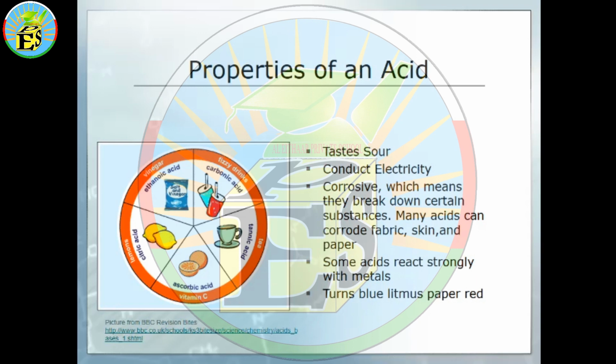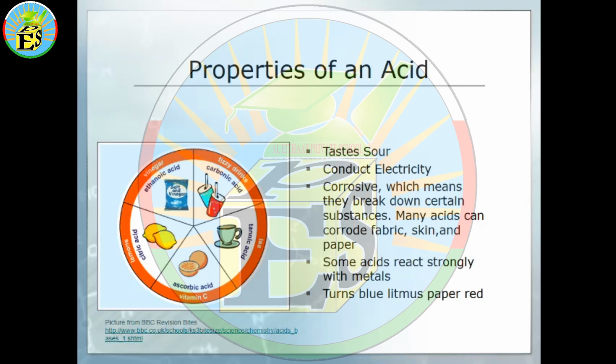And if you want to check whether some unknown liquid is acidic or basic, you have a paper called litmus paper. You have two types, red litmus paper and blue litmus paper. When you put red litmus paper in an acid, it will not change its color.